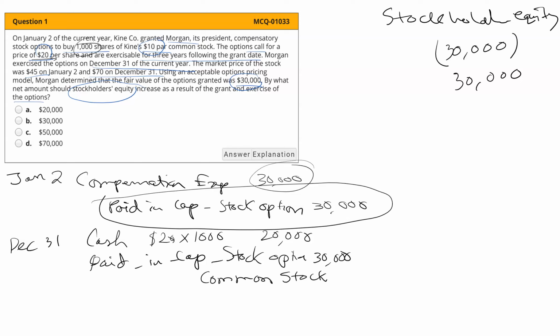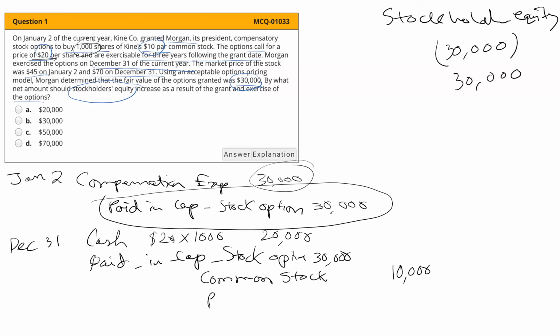These are the stocks that the CEO purchased. We will record it at par value. Par value is $10, and 1,000 shares were purchased or issued, so this common stock will be credited 10,000, and we show the remainder to balance the journal entry as additional paid in capital, or paid in capital in excess of par.